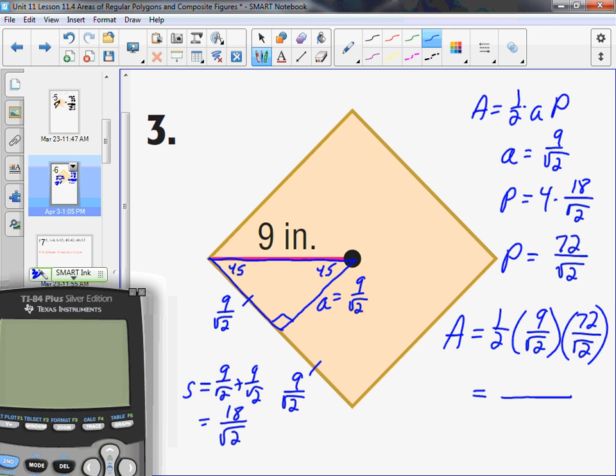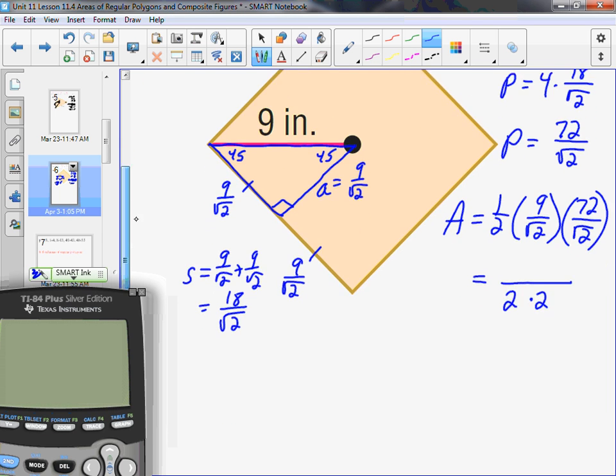Let's see. I think I'll do this first. I'm getting ready to do it in 2 lines. You could do it in 1. All right? But I'm going to do this. Look at the denominator. What's the square root of 2 times the square root of 2? 2. So I've got the 2 from the 1/2, and then the square root of 2 times square root of 2 is also 2. Okay?